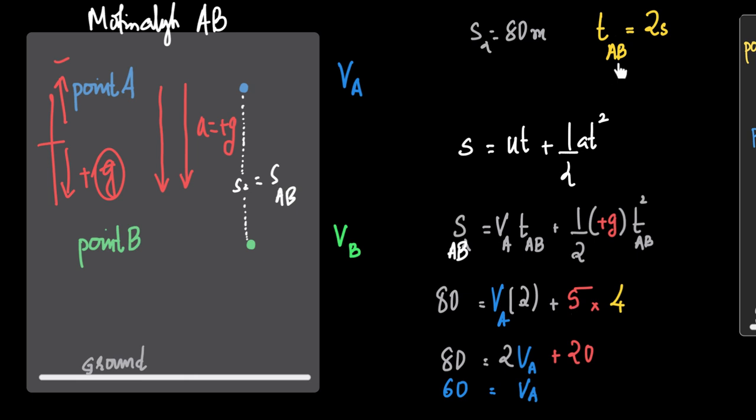Given in the question that the time taken from A to B, TAB, is 2 seconds, so T square AB becomes 4. 5 times 4 is 20. 80 minus 20 is 60. And therefore VA becomes 60 by 2, which is equal to 30.